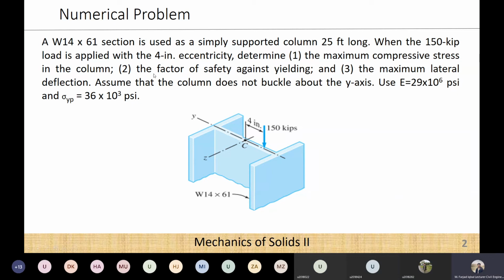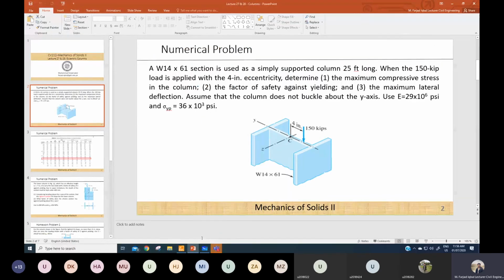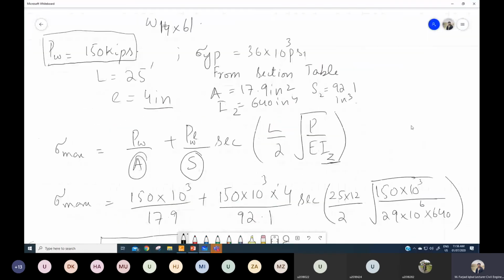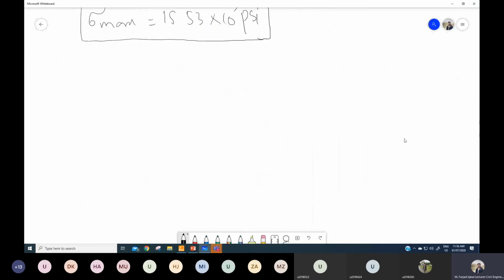So the second thing is that we need to figure out the factor of safety against yielding. So now we have to use our other formulation, or basically the same formulation, but since it has been asked how much factor of safety they have taken, we need to use the P factor in this one.